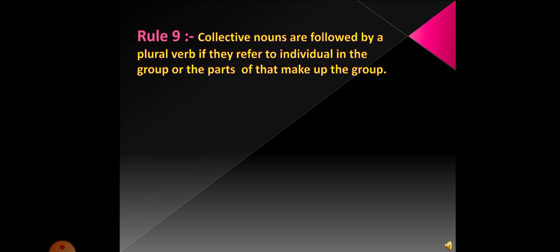In the previous rule, it was told that collective nouns are followed by a singular verb if they refer to a single unit. Now the modification of this rule is collective nouns are followed by a plural verb if they refer to individuals in the group or the parts that make up a group.